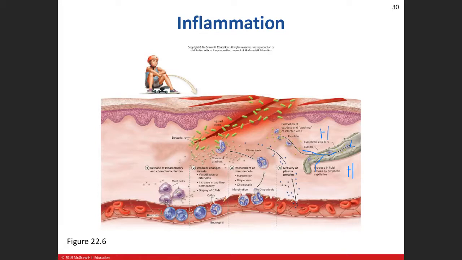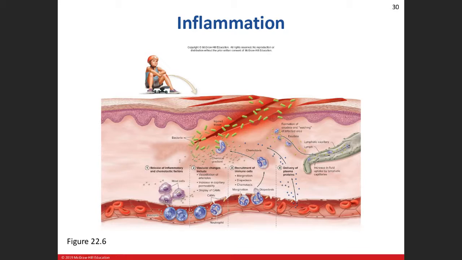It's going to go in. Hence the term washing. So the fluid will pretty much wash across the tissue and into that lymphatic vessel. So it keeps things in motion and clears the junk and debris out of the area there.